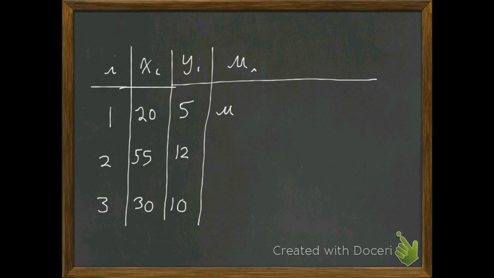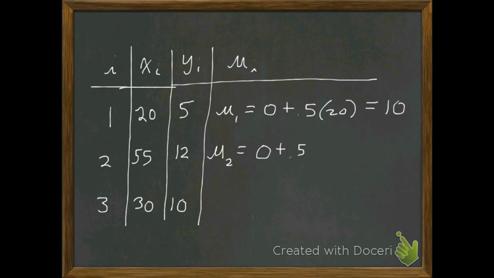Mu sub 1 is going to be 0 plus 0.5 times 20, and this is equal to 10. The mean response for the second is going to be 0 plus 0.5 times 55.